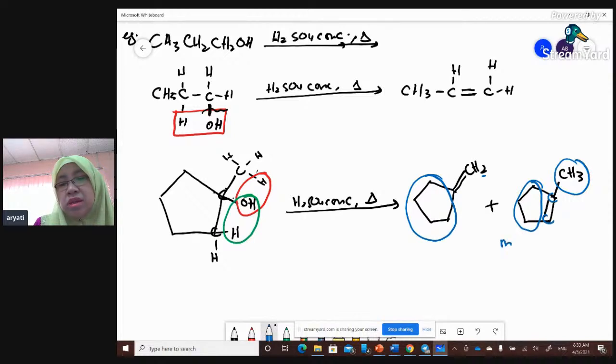So this one will become the major product based on Saytzeff's rule. This one is a minor product. Okay, the most highly substituted carbon-carbon double bond. Okay, so cuma saya nak fokus kat sini yang this reaction involves bond cleavage between carbon and OH.